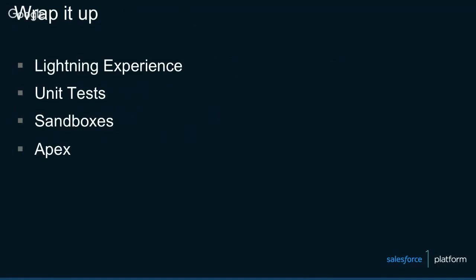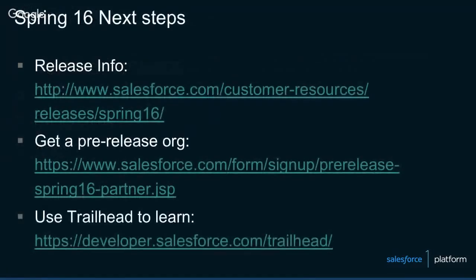So what you can do now is look into the release notes and the release webinars. There are all kinds of webinars. There's a developer webinar that was done about a week ago, and it's up at this URL. I'll post the video for this as well. You can get a pre-release org.